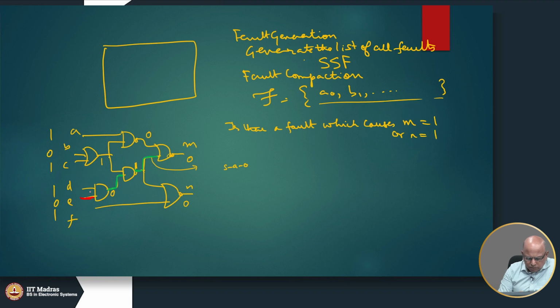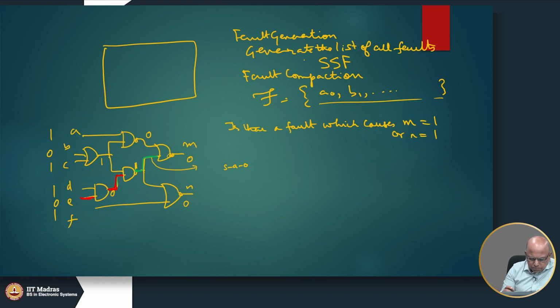So, red means stuck at 1, green means stuck at 0. If E is stuck at 1, then that will cause this to change to 1, and as a result this will change to 0. I think this should also be red. If this were to change to 1, this will also change to 1, and as a result this will change to 0.